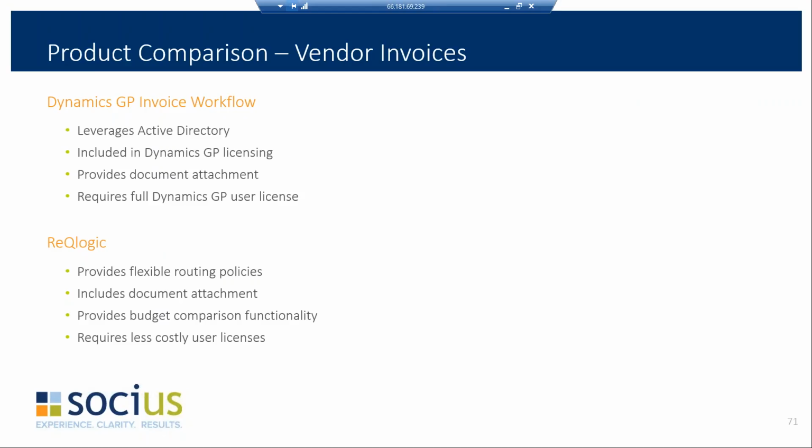So the ReQlogic solution provides a more flexible routing policy, but it may be more than you need. So that's a decision that we could talk through together to decide what tool makes most sense. It does include document attachment, and now actually includes that optical character recognition.